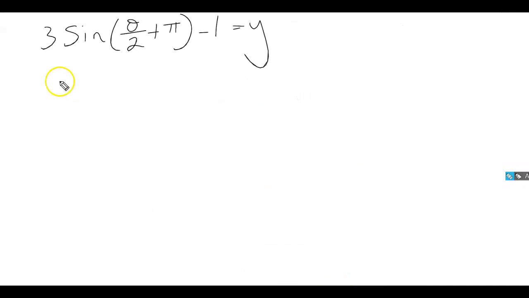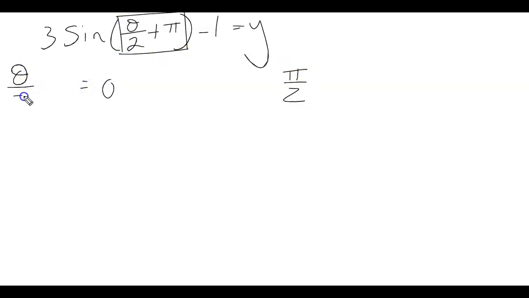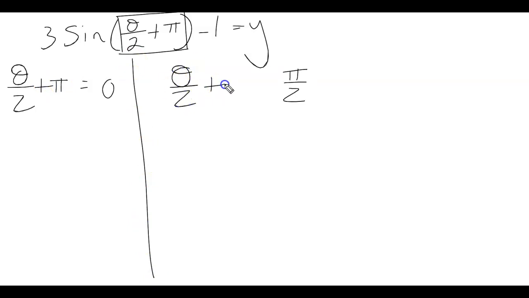Okay, so for sine, our first angles are usually 0 followed by pi over 2. And I'm going to set this inside portion here equal to those first 2 angles. I'm going to transform my angle. So first thing I'm going to do is multiply everything by 2.